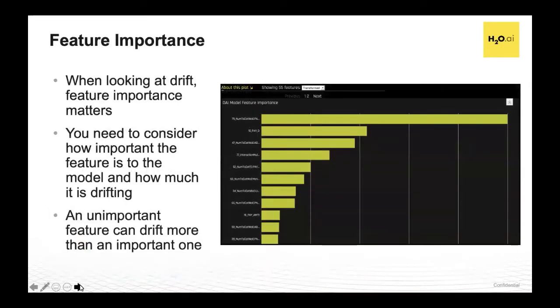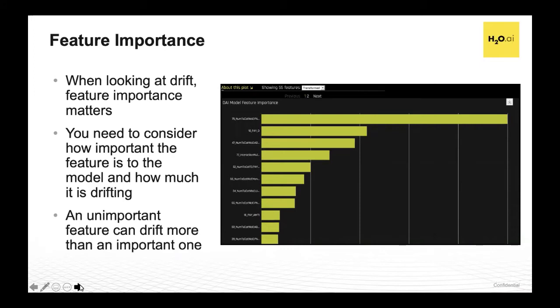Now, feature importance. It's important to understand drift in context. When you're looking at a feature that has drifted, what a data scientist will do is ask, is this feature important? If it's an important feature in my model, and it is drifting above a certain amount, then that probably has consequences to the accuracy of my model, right?